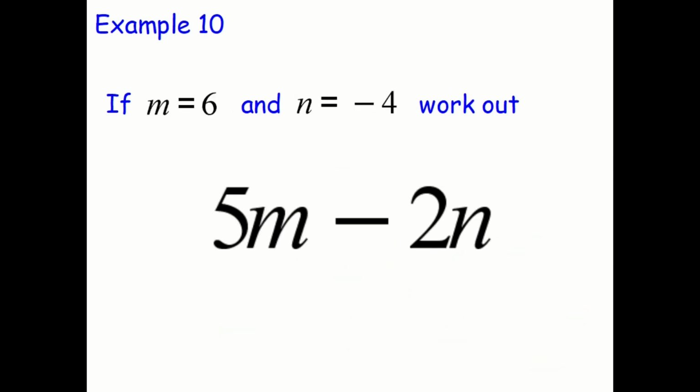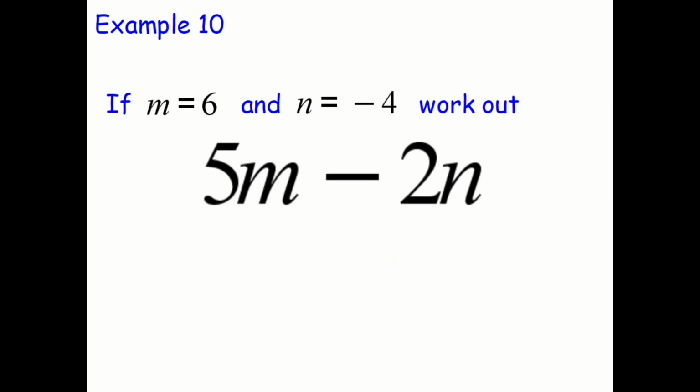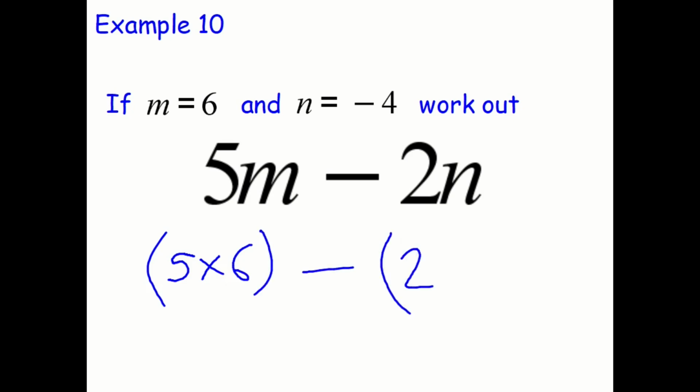And final example, if m equals 6 and n equals minus 4, work out 5m minus 2n. Okay, 5m is 5 multiplied by 6, minus, and then do 2 lots of n, which is minus 4.